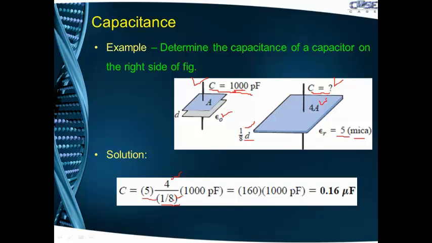So the net effect would be 5 into 4 into 8, 160. 160 times capacitance will increase. So the new value will be 0.16 microfarad.